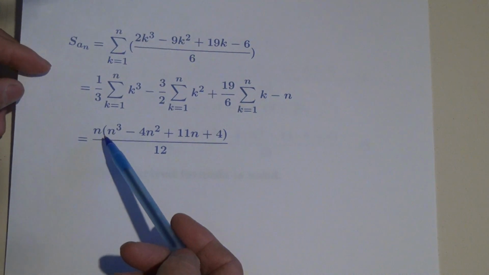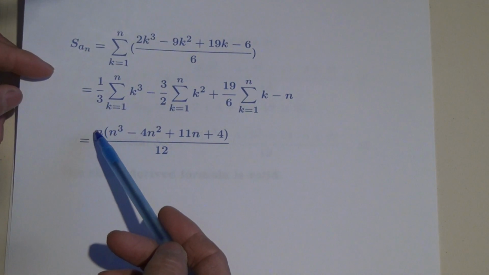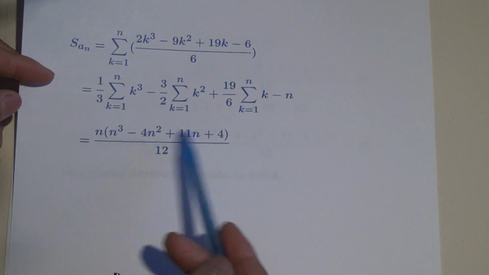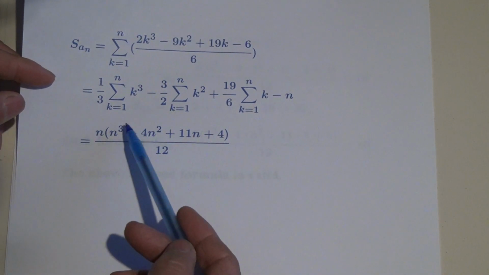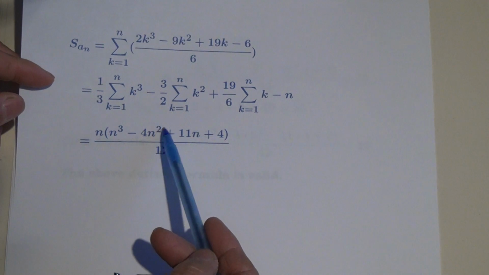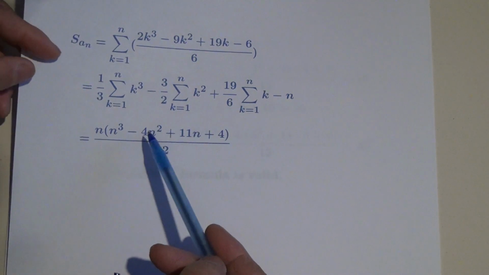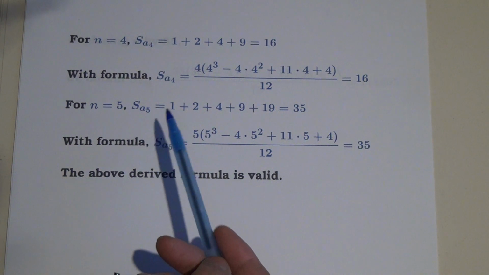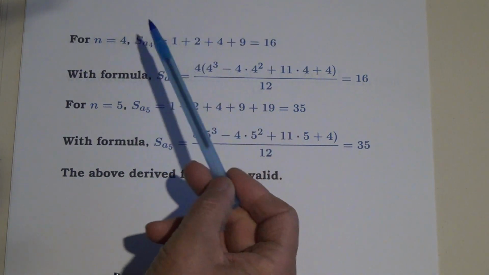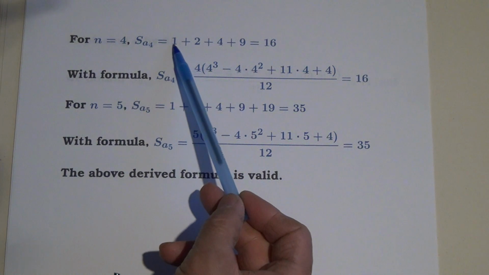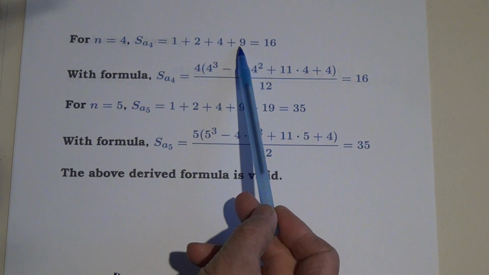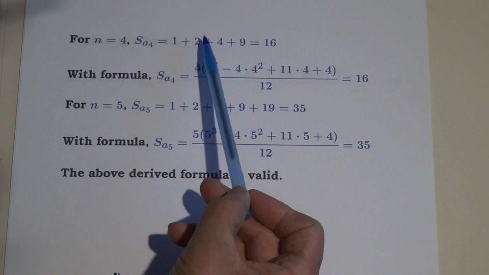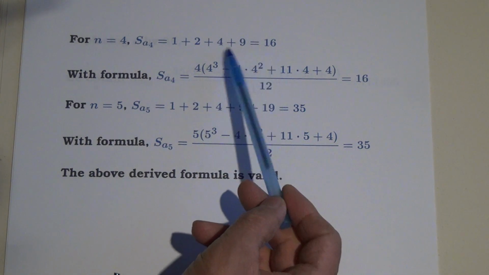You remember n times the quantity n cubed minus 4n squared plus 11n plus 4, with lower and lower powers, over 12. We try to get the sum of the first 4 terms: 1, 2, 4, 9 give you 16.